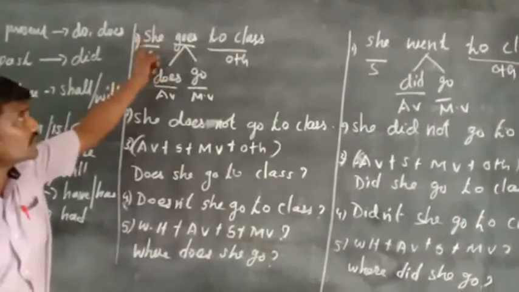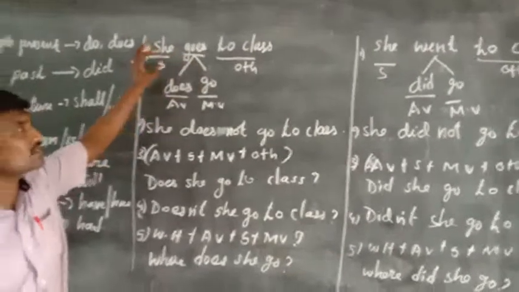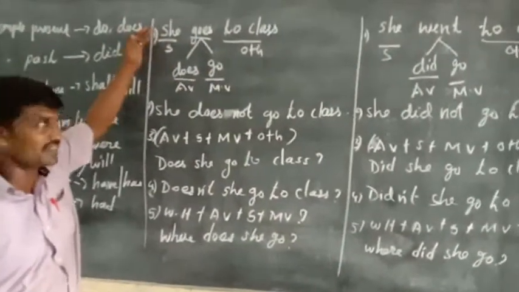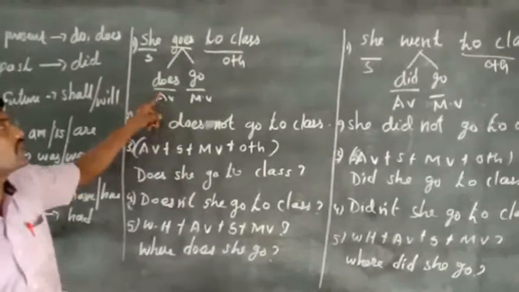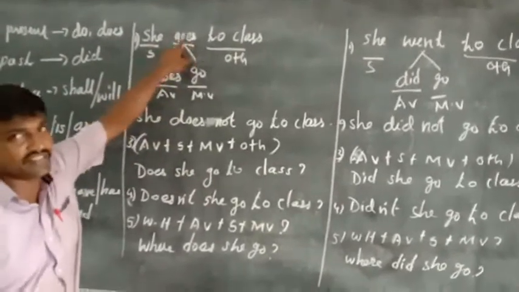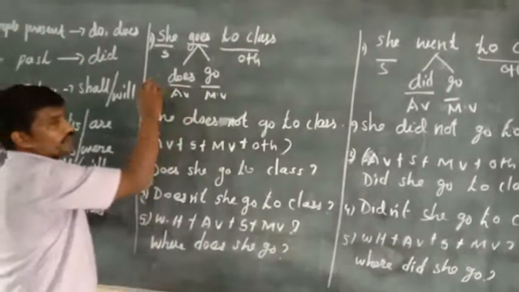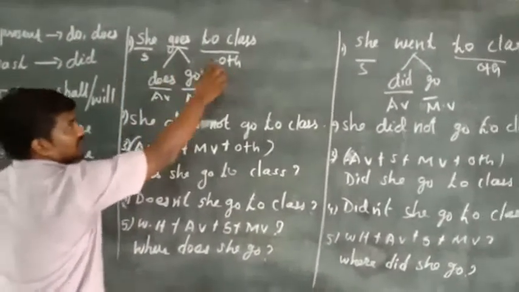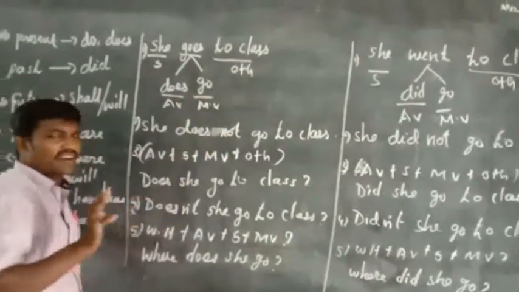When you look at the sentence, you can identify this is simple present tense and third person singular. So how to bring the auxiliary verb does? Because when you find the s or es, you have to bring does. Does plus verb. So, she goes to class. To class is the adverbial part here, but we have to mention it as others.